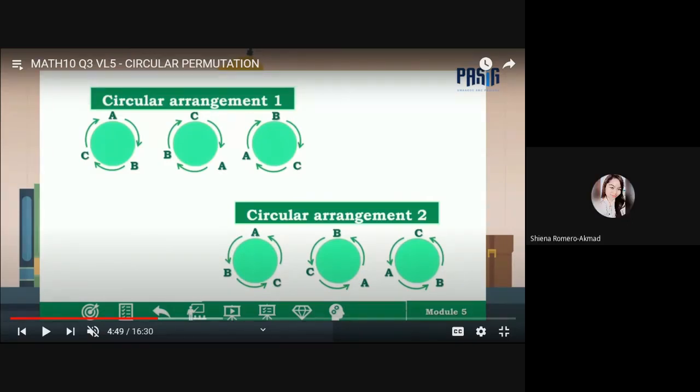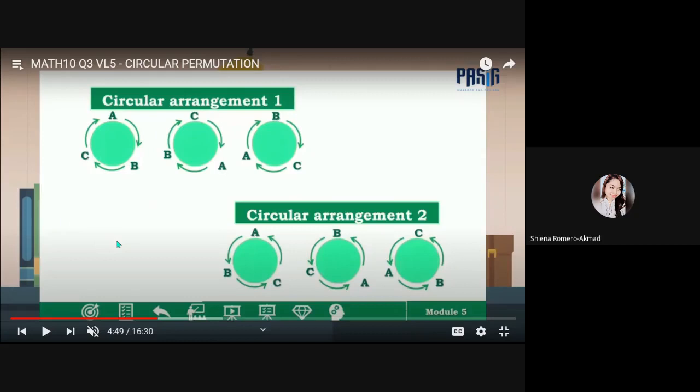Bakit n-1? Because we wanted to assign someone to be our starting point. Like for example, here, gusto ko si letter A yung starting point. So, para makuha natin yung arrangement, ang gagawin natin is to let A be the start of our arrangement. Okay? And if that is the case, alisin natin siya dun sa bilang ng taong i-arrange natin.